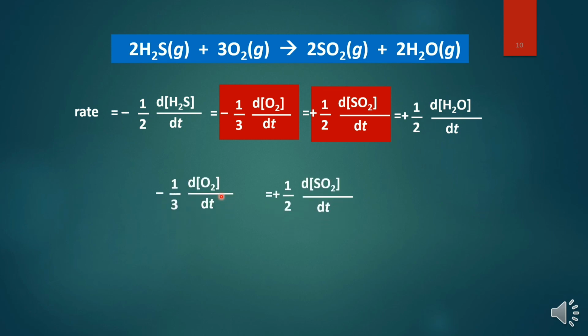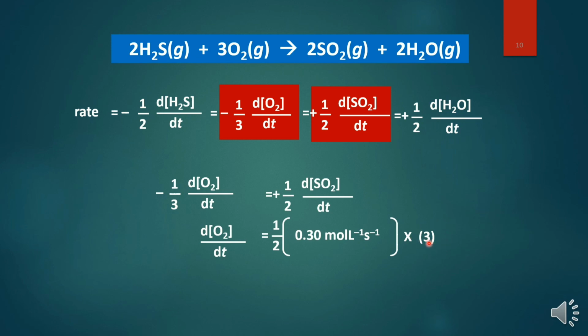You substitute the value of 0.3 for the rate of formation of sulfur dioxide gas. So we can find the rate of disappearance of oxygen gas is equal to 1 over 2 multiplied by 0.3 mole per liter per second multiplied by 3.